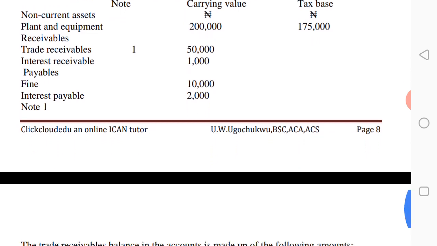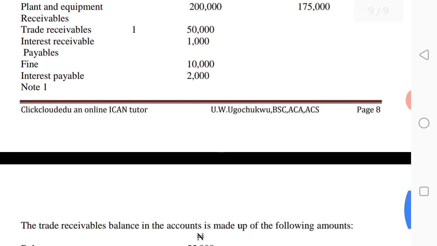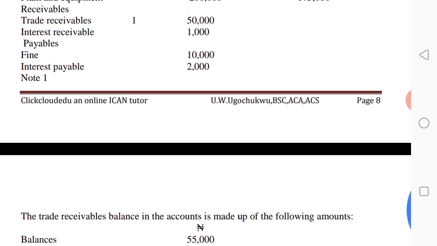So we also have payables. For payables, we have fines, and we also have interest payable. How do you arrive at interest payable? For interest payable, we must debit our profit or loss, which is an expense, and credit our financial position, which is a liability.